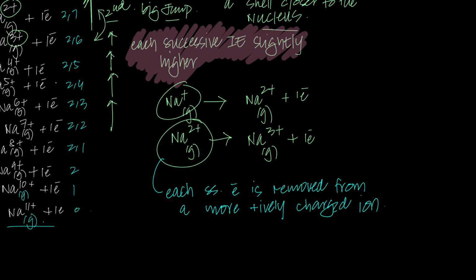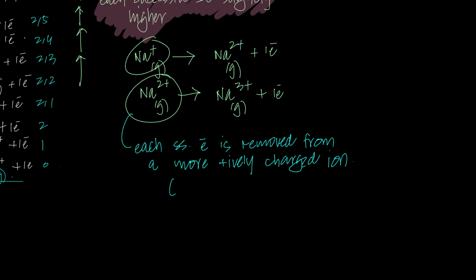Well, the more positively charged ion would increase the ionization energy because the higher the charge, the more strongly it'll hold on to the remaining electrons, because positive attracts negative. So you will want to remove the electron, but this 2+ charge is going to hold on to those electrons. That's what I mean when I say that each successive electron is being removed from a more positively charged ion, and this more positively charged ion will hold on to the remaining electrons more tightly.